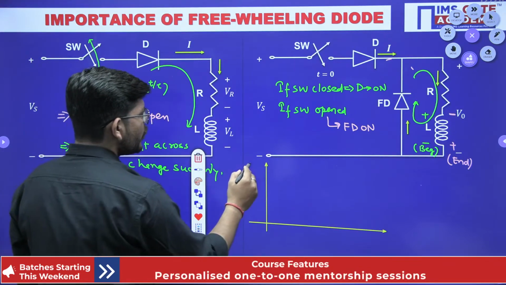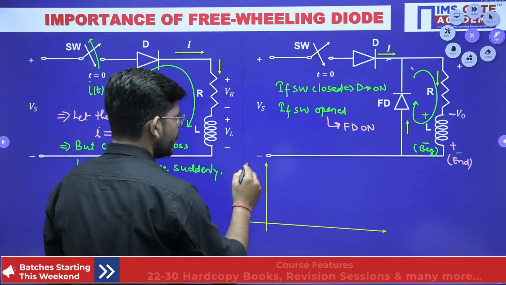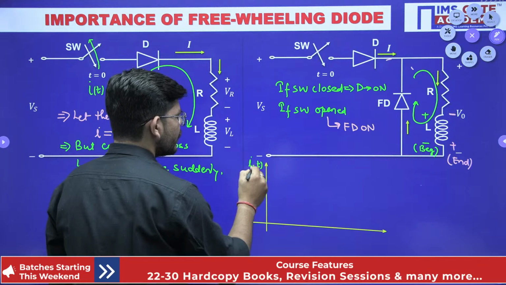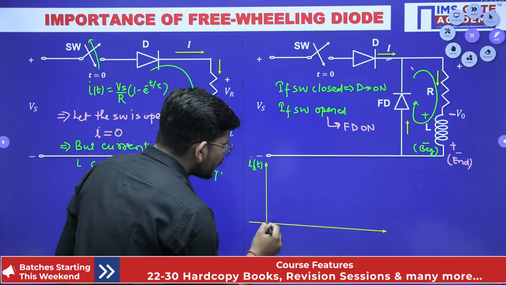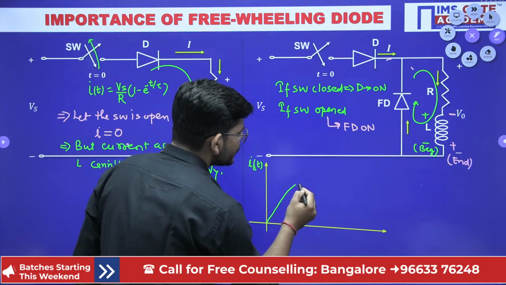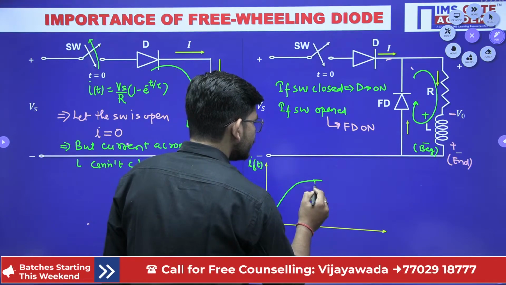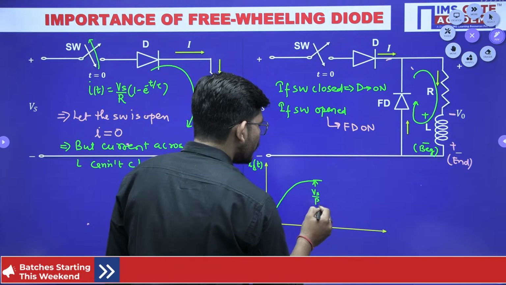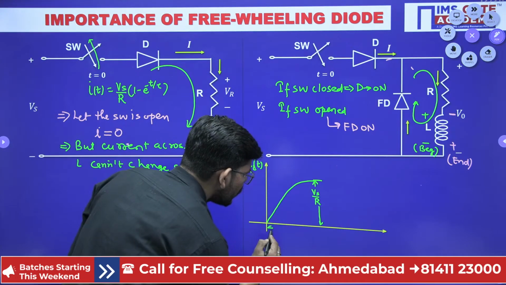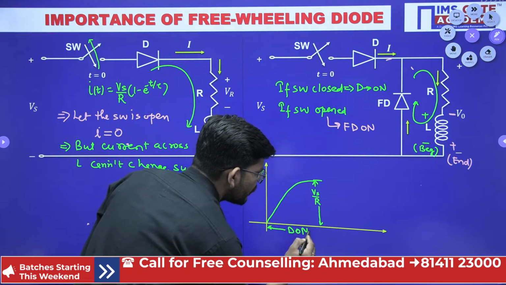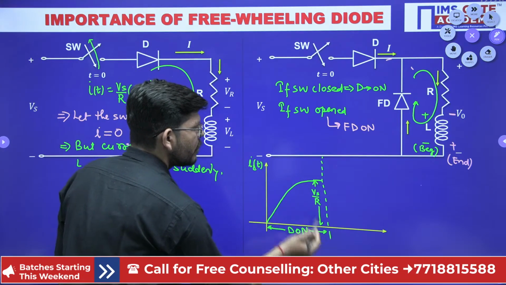If I plot the inductor current right now, earlier when the switch was on, the waveform started from 0 and established up to a value of Vs by R, isn't it? This is what we obtained when the switch was on, that is, when the diode is on. Let me mark a boundary here. So this is going to be the boundary.